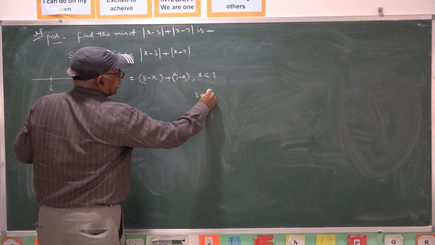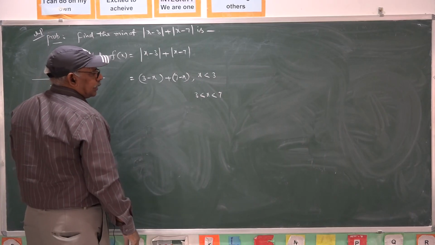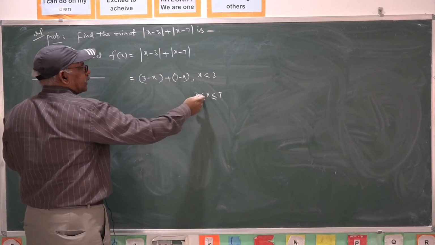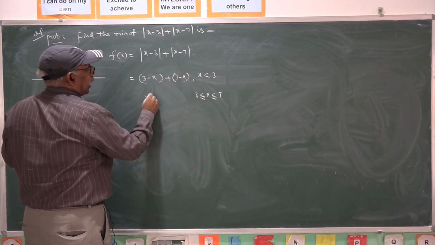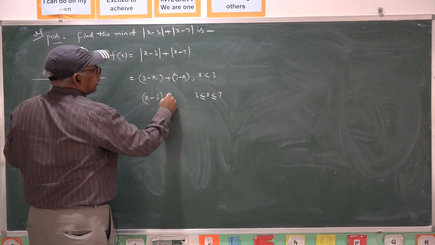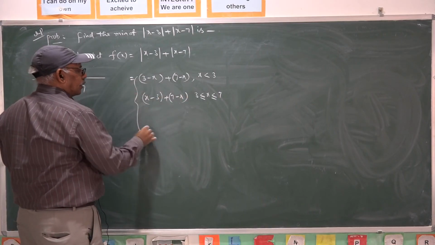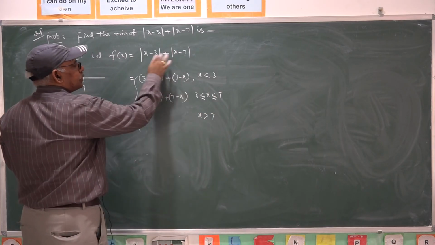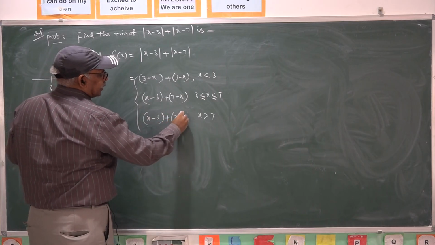Whenever x lies between 3 and 7, including 3 and 7, this is positive and this is negative. Hence, we get x minus 3 plus 7 minus x. And for x more than 7, both are positive, so x minus 3 plus x minus 7.